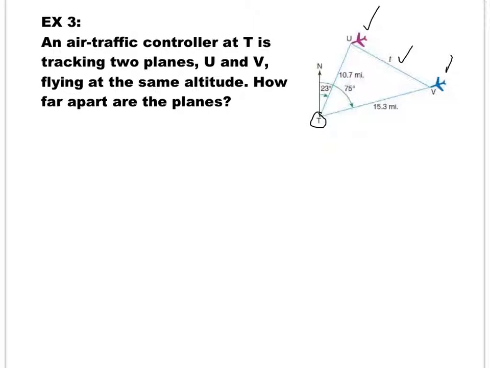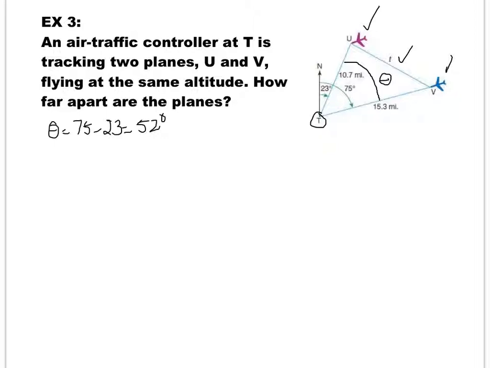The first thing I'm going to do is find the angle between the two lines of sight from the controller to the two planes. Let's call it theta. Angle theta is 75 minus 23, which is going to be 52 degrees.